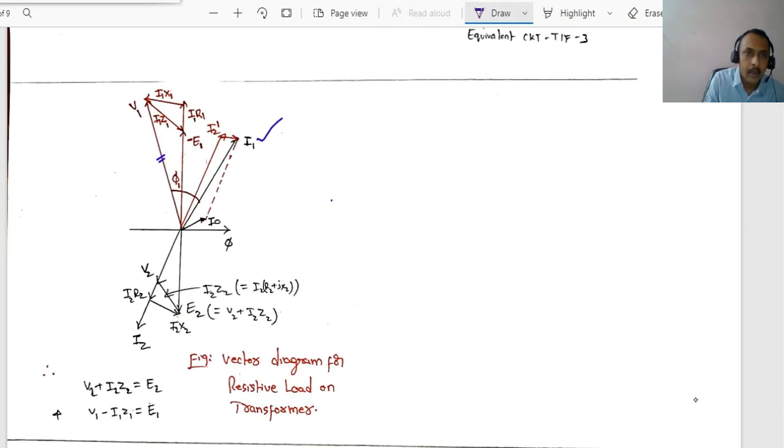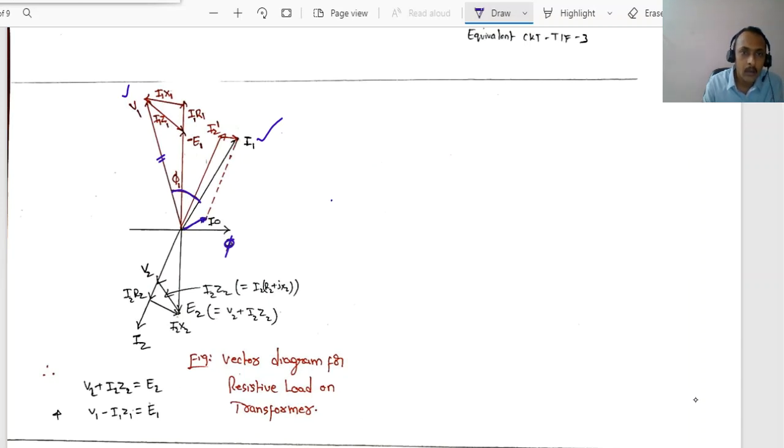There is some angle difference, phi 1. First you draw these two. Clear? Now on the x-axis we will have flux. This is standard. On the x-axis we are going to have the flux phi, and some small amount of no-load current I0 will be drawn.